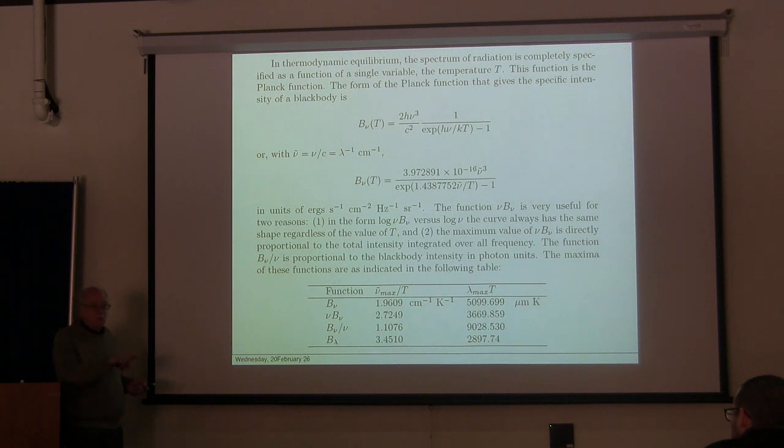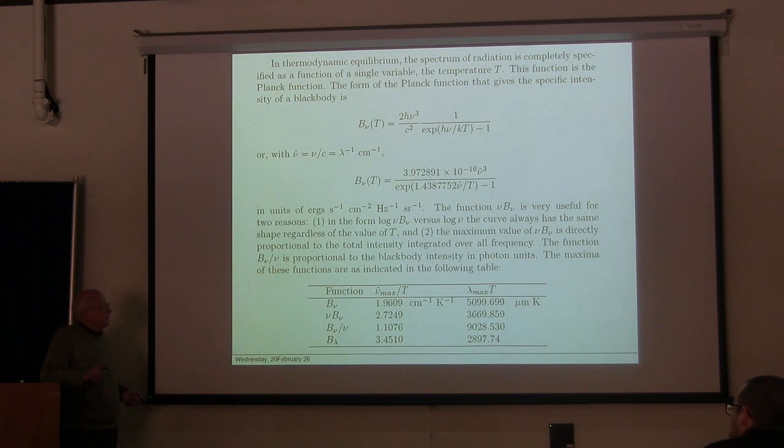Especially on a log-log diagram, logarithm of frequency times intensity per unit frequency versus the logarithm of frequency. Or you can do exactly the same thing and just flip the coordinates and do a wavelength times the intensity per unit wavelength, as you wish.